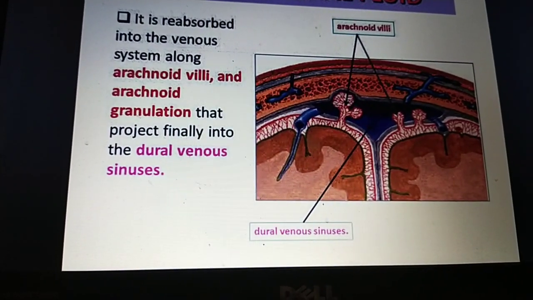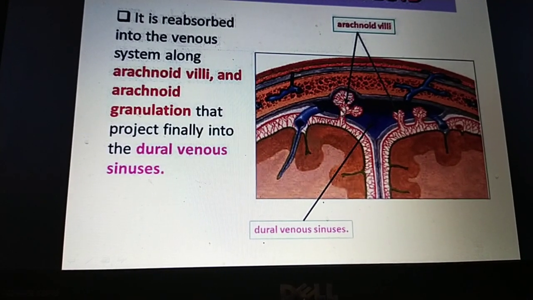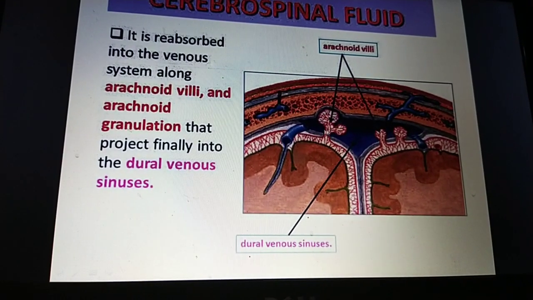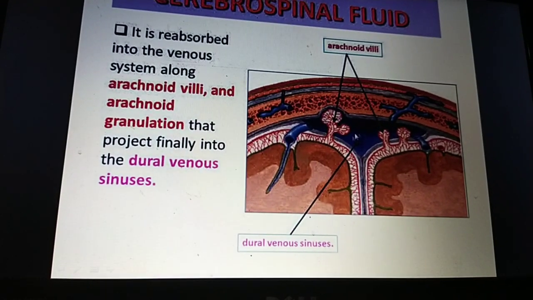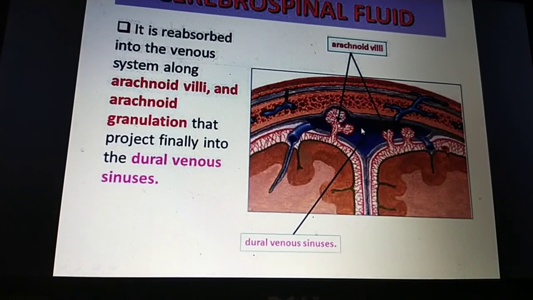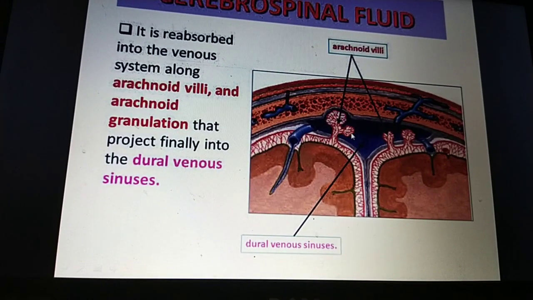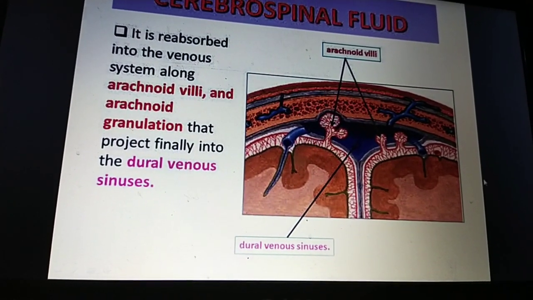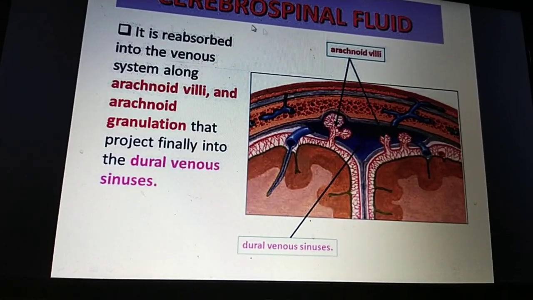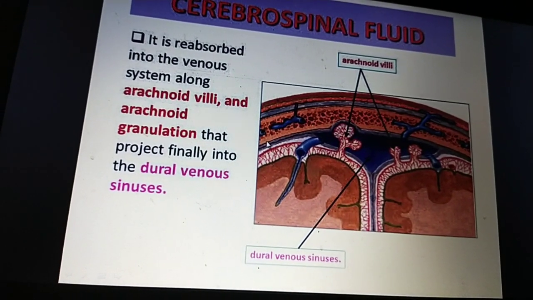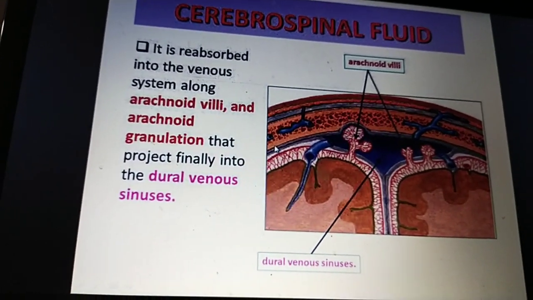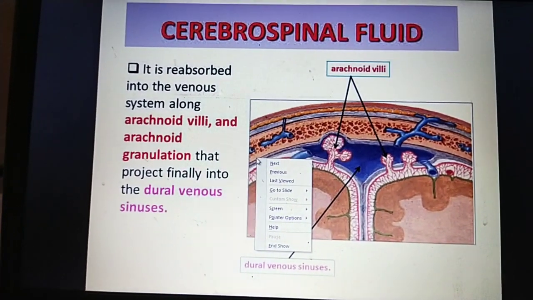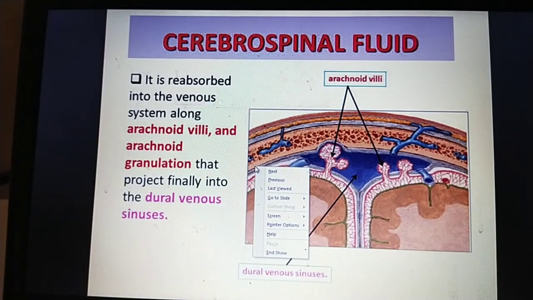You can see here these are the arachnoid villi, this is the venous sinus, and these are the veins. It is reabsorbed into the venous system along with the arachnoid villi and arachnoid granulations that project finally into the dural venous sinuses. By that, the cerebrospinal fluid is reabsorbed. Another thing: in normal adults, the CSF volume is 125 to 150 ml.